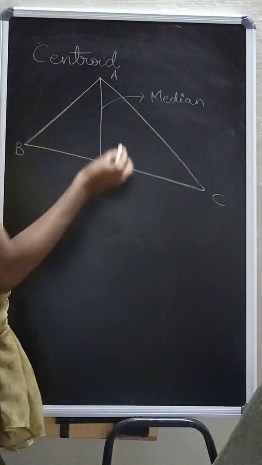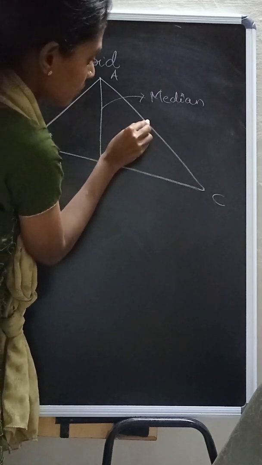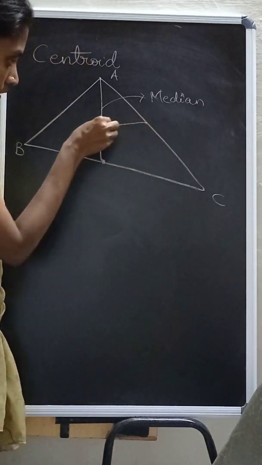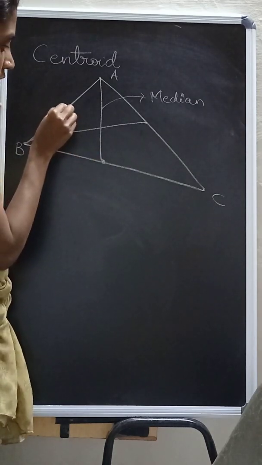And you have three medians. Now A and C, what is the midpoint? It will be coming around here. Like this. And here a midpoint.